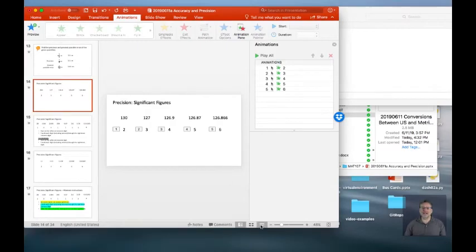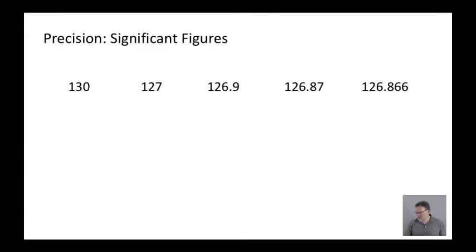And it's through something called significant figures. Significant figures has to do with the number of digits that we're working with. In this case, 130 for our first example here, 130.